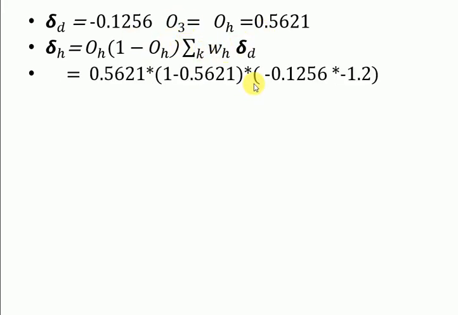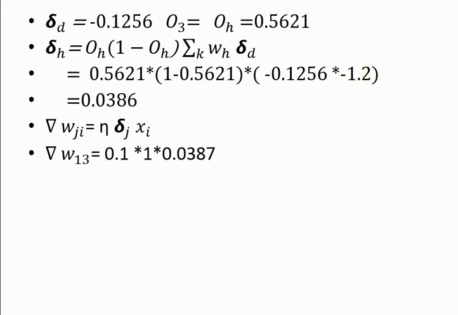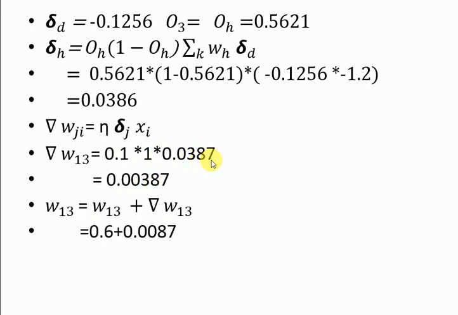So we calculate this: 0.0386. And remember, what is this WH? WH is 1.2. So we get it here, and then we calculate eta into delta h into x of i, that is 0.1 into this value, and this is the new value.